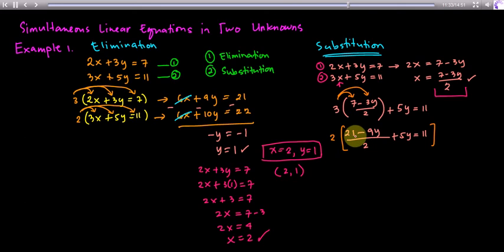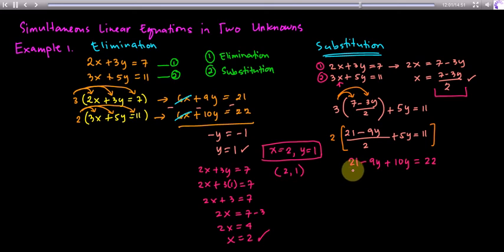So 2 times 21 divided by 2, the result would be 21. 2 times negative 9y over 2, so this would be negative 9y. And 2 times 5y is equal to 10y, equals 2 times 11 is 22. At this point, we can combine the like terms.